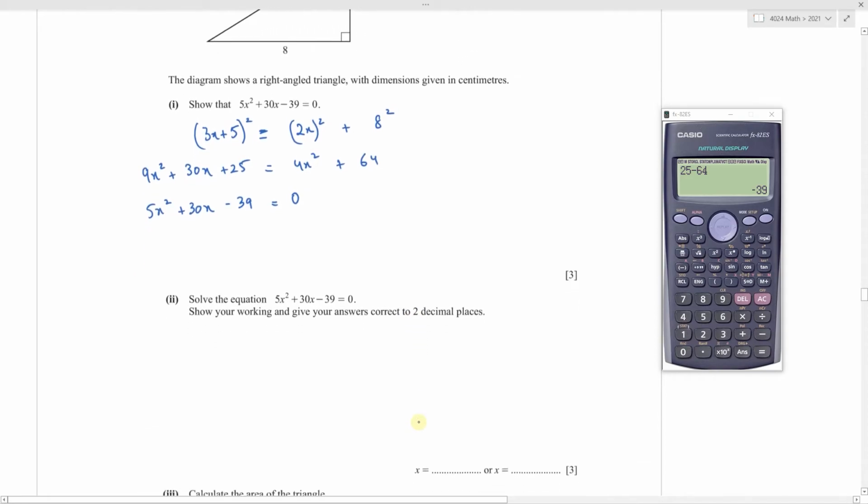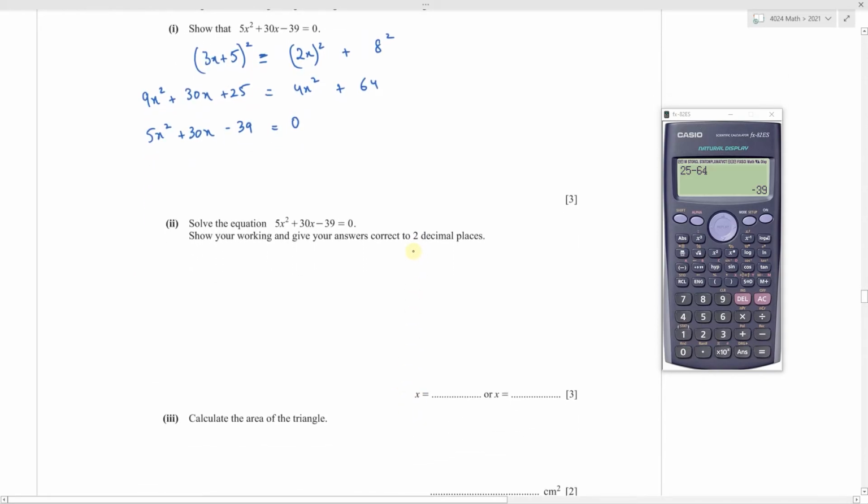Part 2 is solve the equation and show your working giving your answer correct to 2 decimal places. Since our answers are in decimal places, I'll use the quadratic formula this time to solve this equation. You know the quadratic formula is given as minus b plus minus square root of b square minus 4ac over 2a. So x equals minus b, which is minus 30.